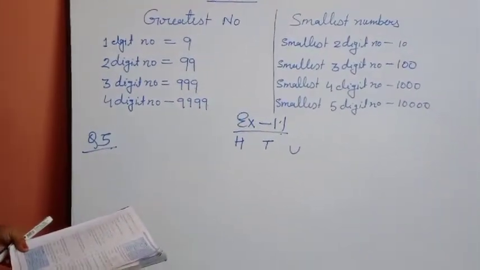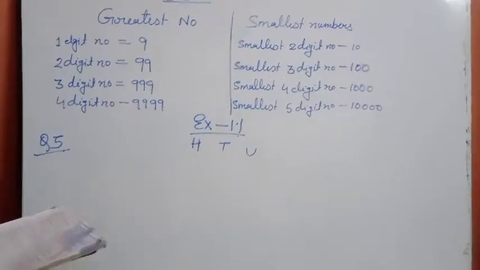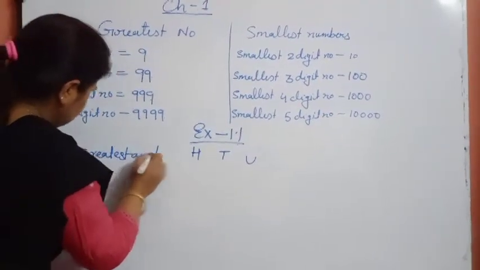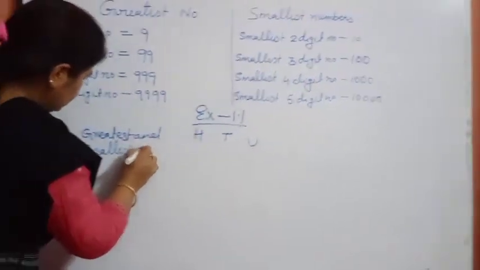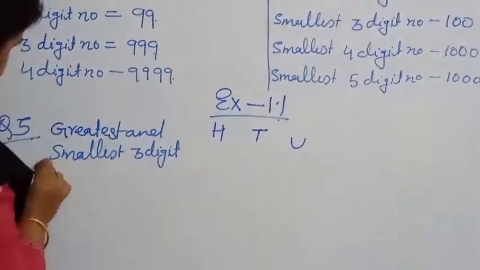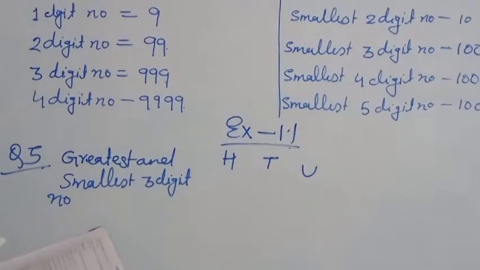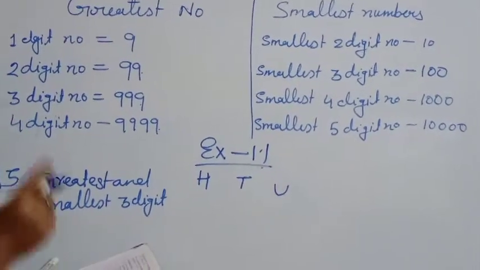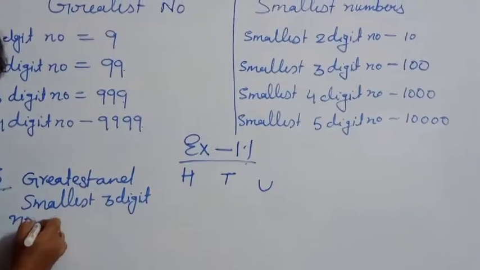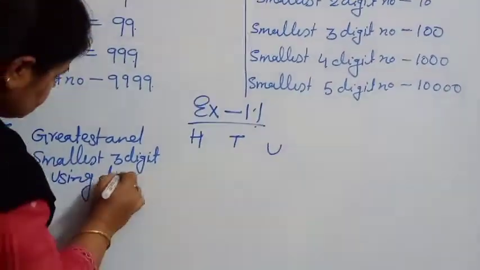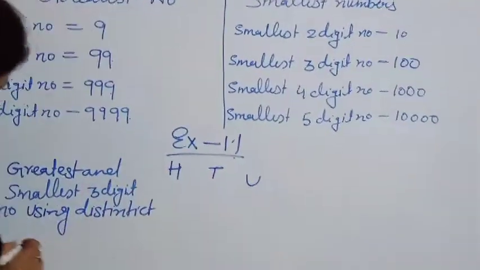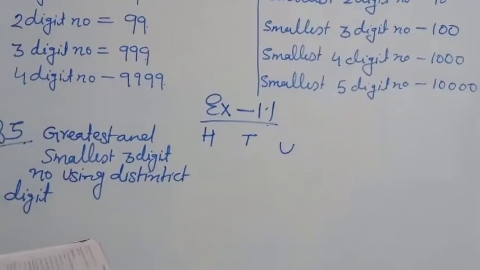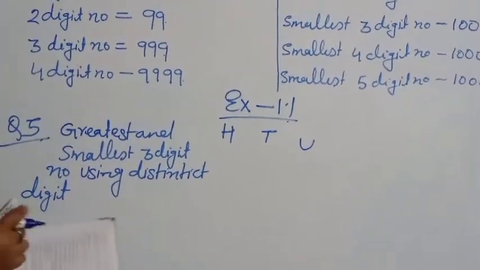This time, make the greatest and the smallest three-digit number with the condition that digit 3 should be in the unit place, using distinct digits, condition as given below. Digit 3 in the ones place.